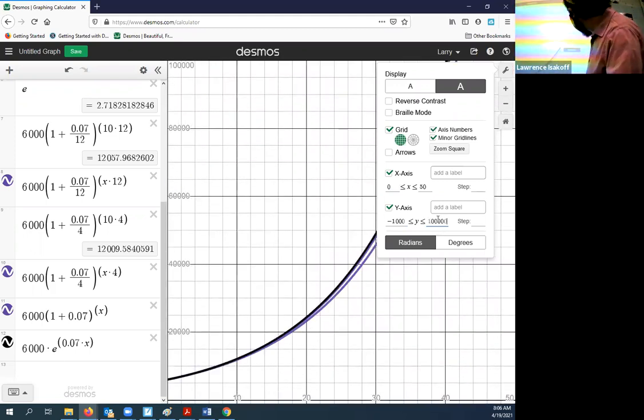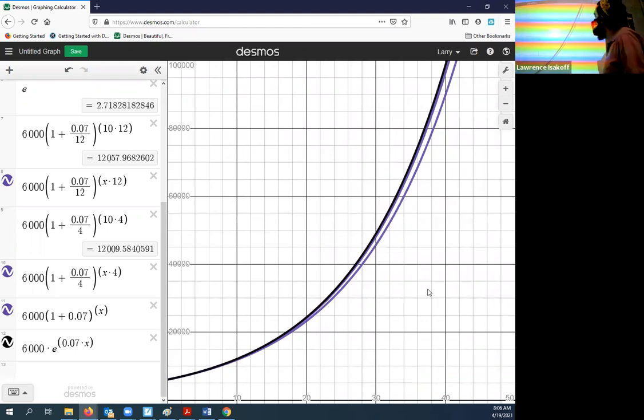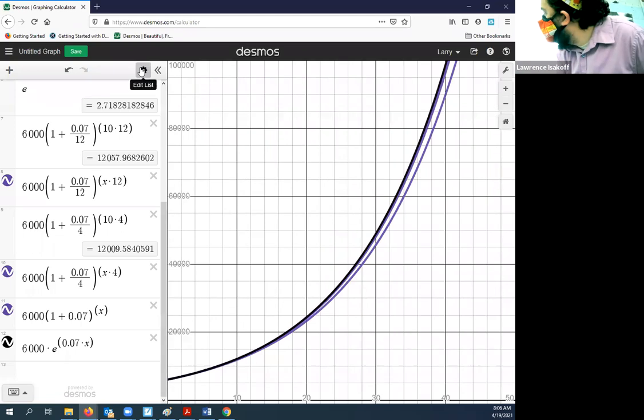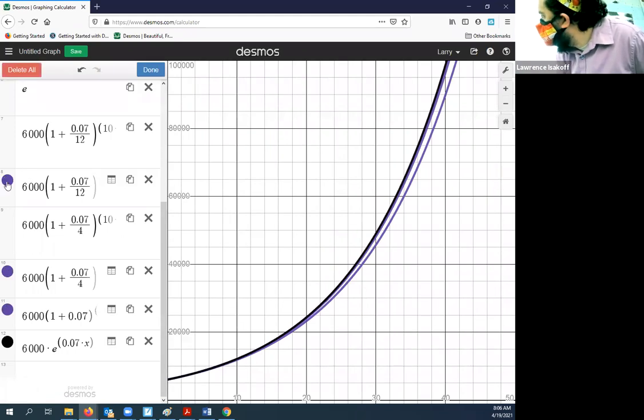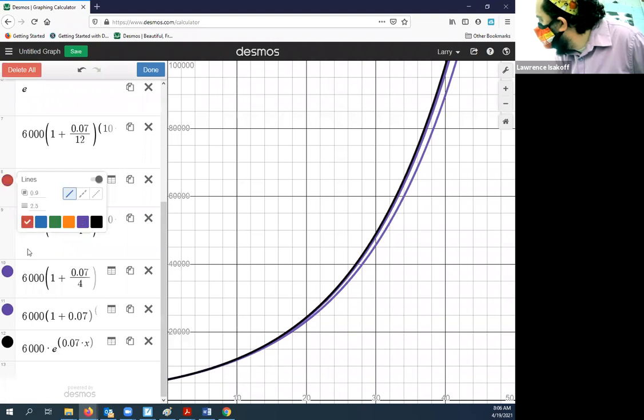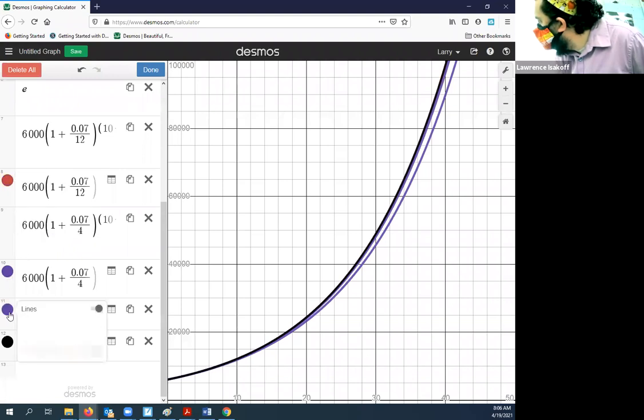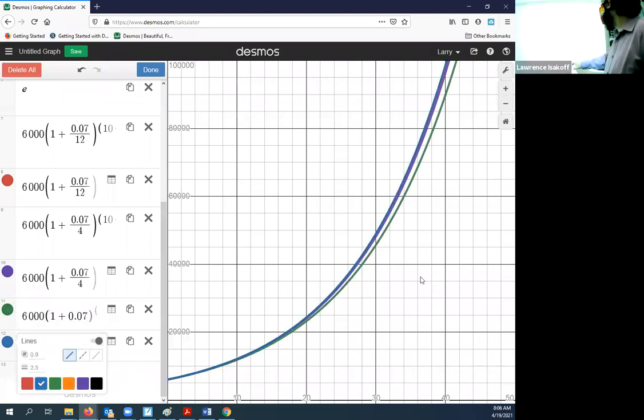Well, let me use different colors here. These colors got all very similar. Okay, let's go red here. Keep that one purple. Let's go green here and blue for this last line.